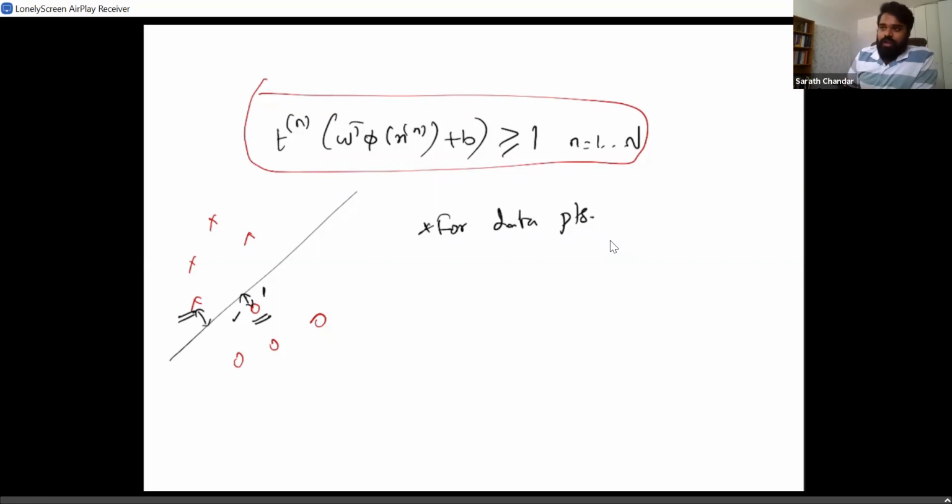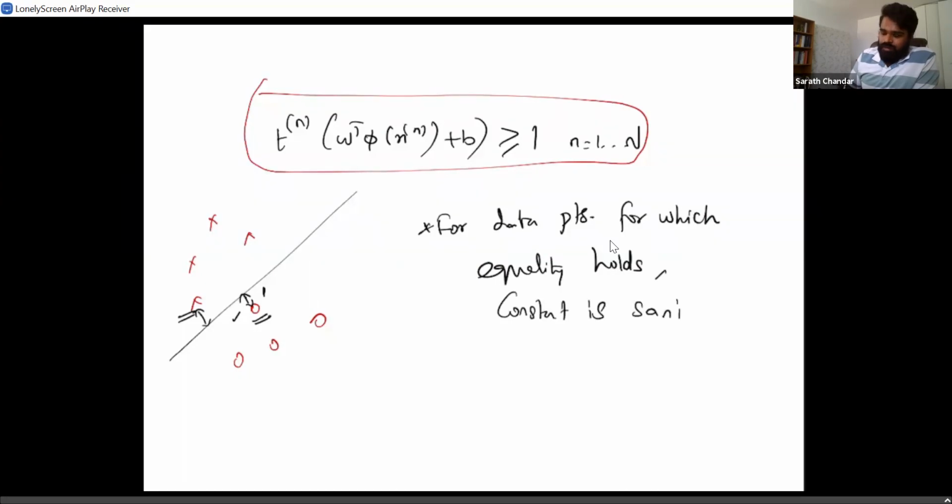Now for data points for which this equality holds, exactly equal to 1, we are going to say that the inequality constraint is active.